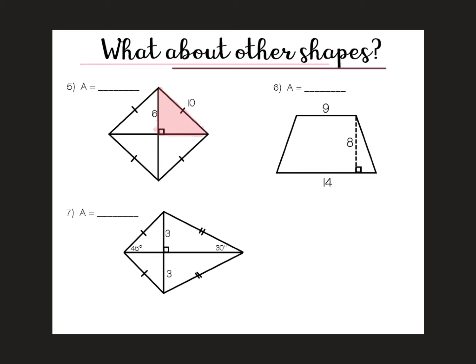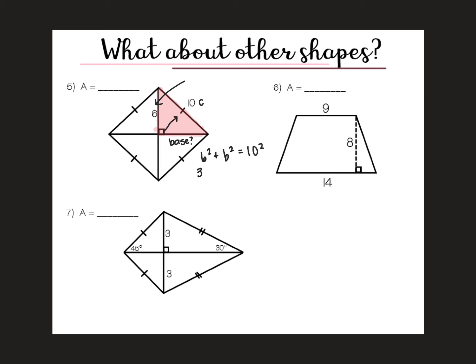So for area of a triangle, I need the base and the height. So I have the height, which is 6, but I do not have the base, so I need to find my base. And we can do that using Pythagorean theorem. Remember that c is always across from our right angle, so we have 6 squared plus b squared equals c squared, which is 10.